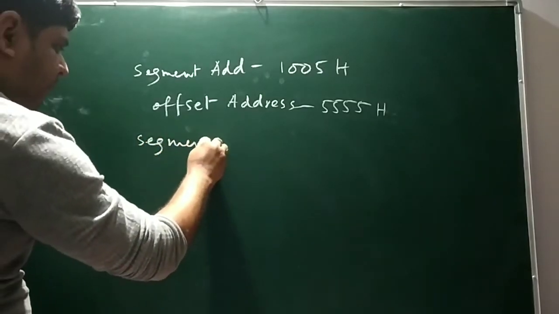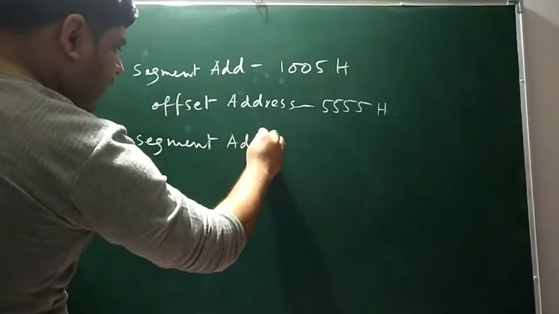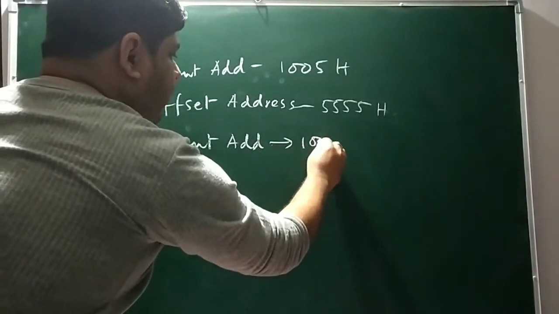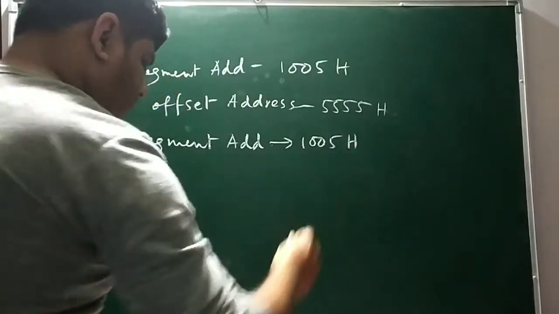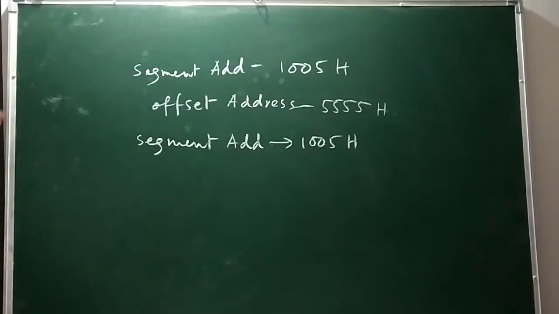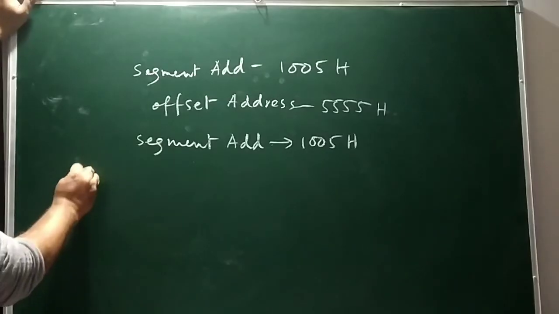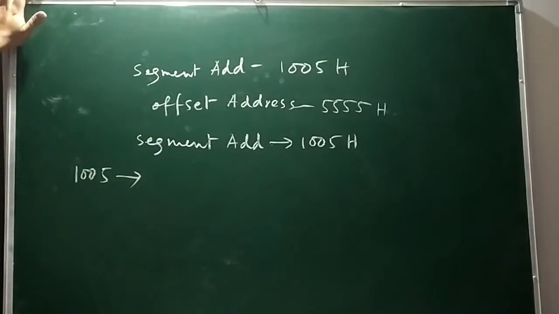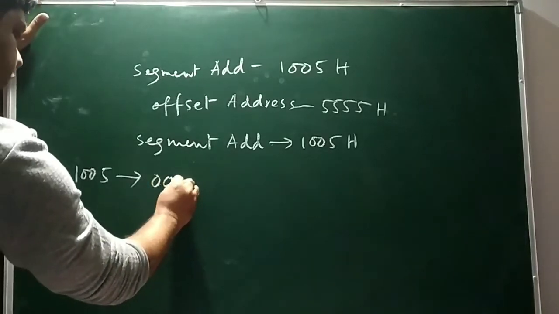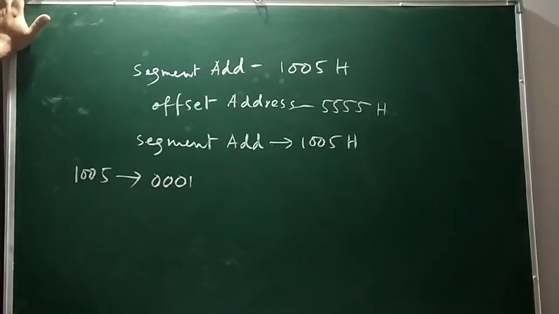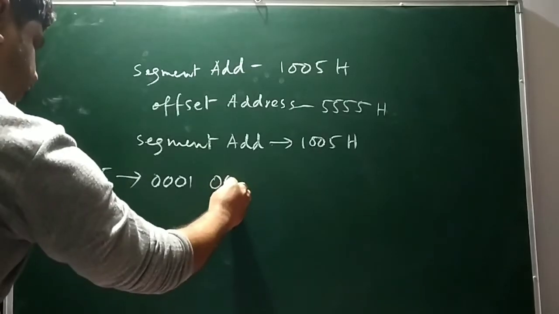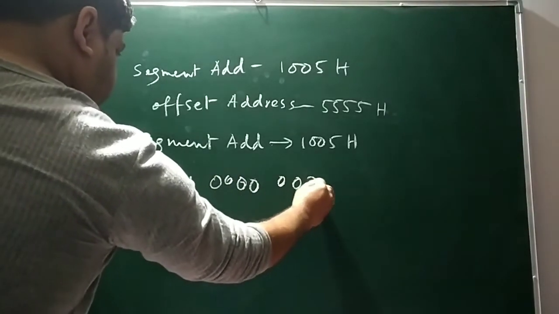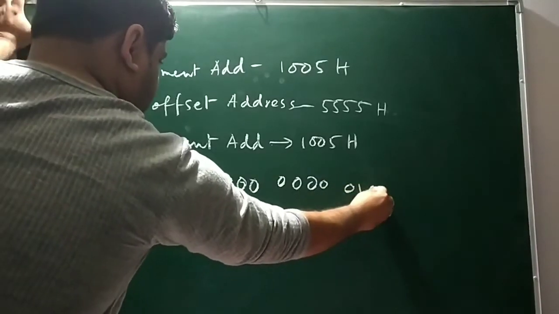So segment address is 1005H, means 1005 will be 0001, then 0000, then 0000, then 0101.